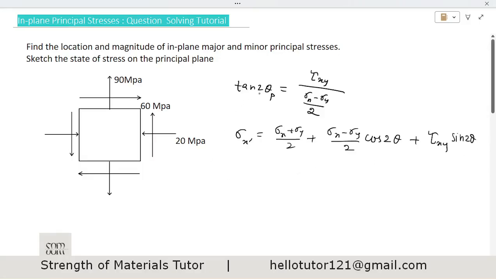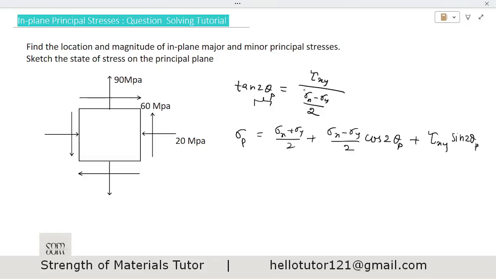We will get two values of theta p. We will substitute one theta p here, and then the other theta p here. Because we use theta p, it is not going to be sigma x prime, it is going to be sigma prime. Then, based on which is the maximum stress and which is the minimum stress, we will say what is the major principal stress and what is the minor principal stress. We will do these things one by one.